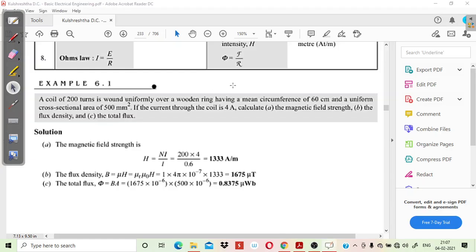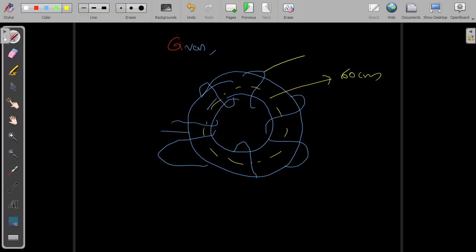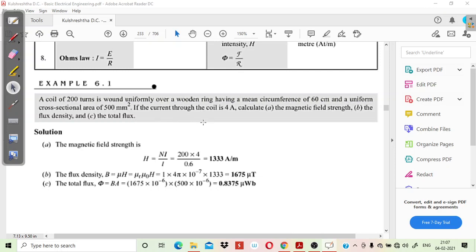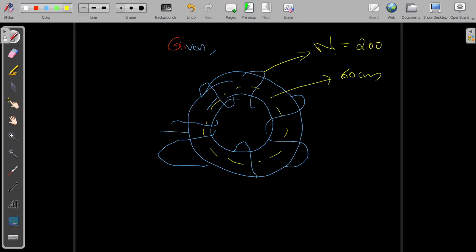Other details: a coil of 200 turns is wound uniformly, so the number of turns N for this coil is 200, and it has a uniform cross-sectional area of 500 mm square.